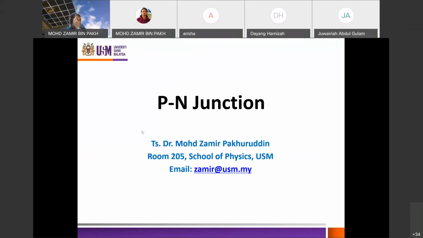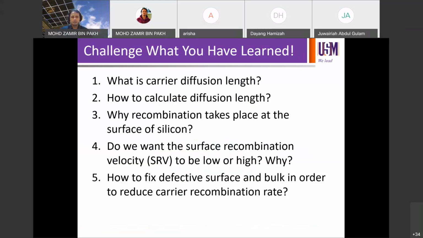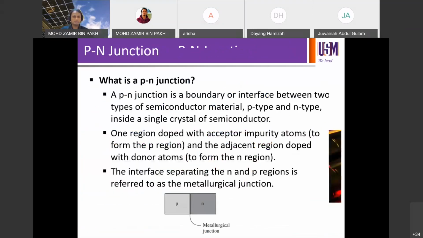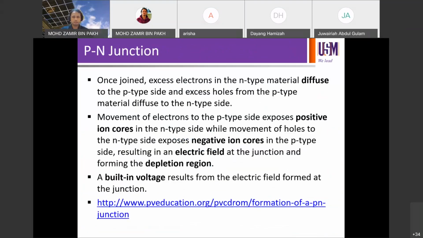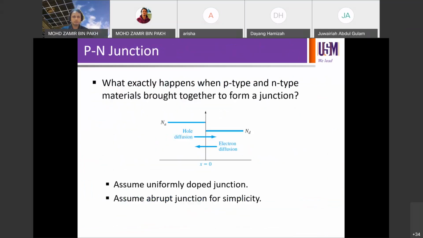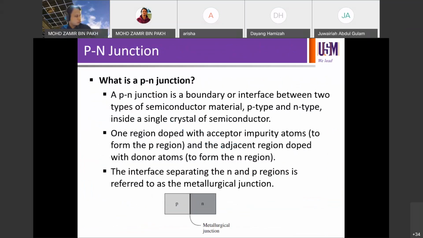All right, good. So let's move on. We've started to discuss about PN junction yesterday, so let me just recap. PN junction is formed when we combine a p-type semiconductor material and an n-type semiconductor material together.